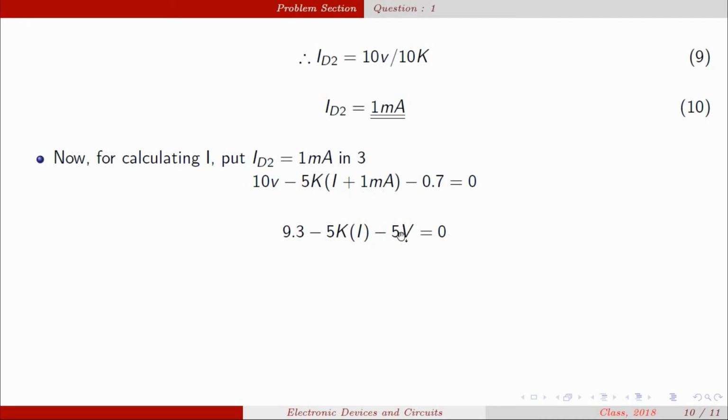So 9.3 minus 5 is 4.3, minus 5k into I equal to 0. Taking this to the other side, 4.3 equal to 5k into I. Now I is equal to 4.3 divided by 5k, and we get the value 0.86 milliamps.